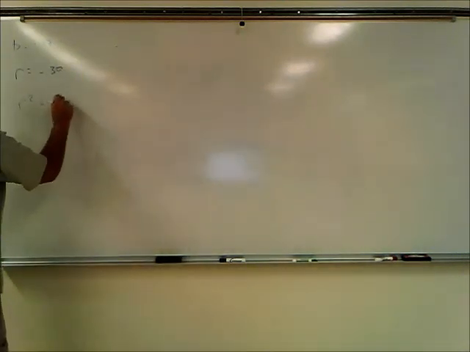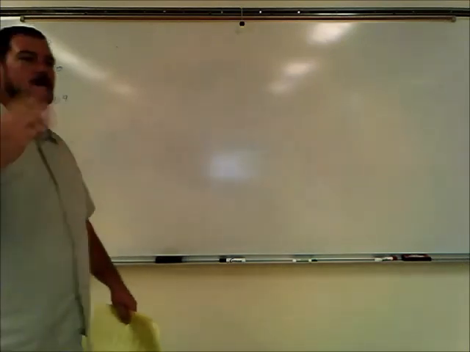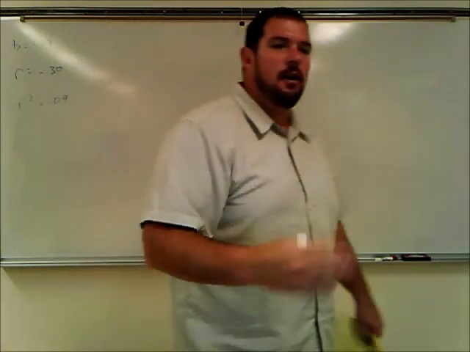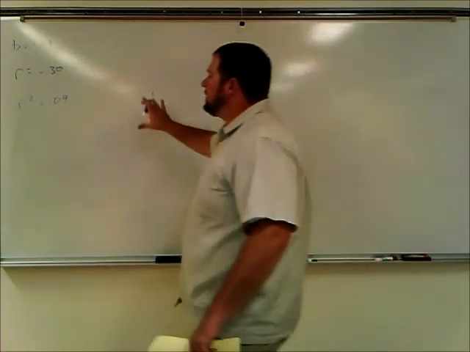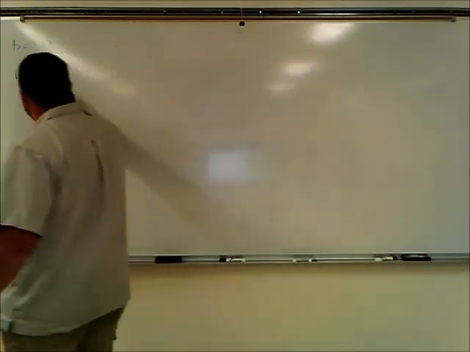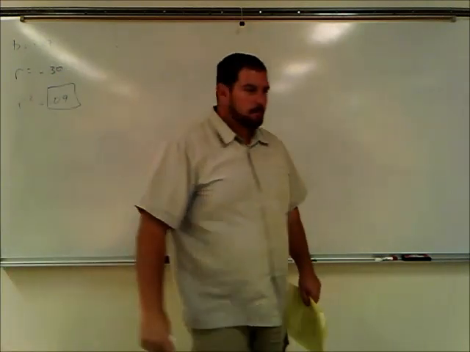So if we take negative 0.30 and square that, negative times a negative becomes a positive. Whenever you multiply a proportion, the resulting product is going to be smaller than what you started with. Based on the observed data, we get an R-squared score of 0.09.